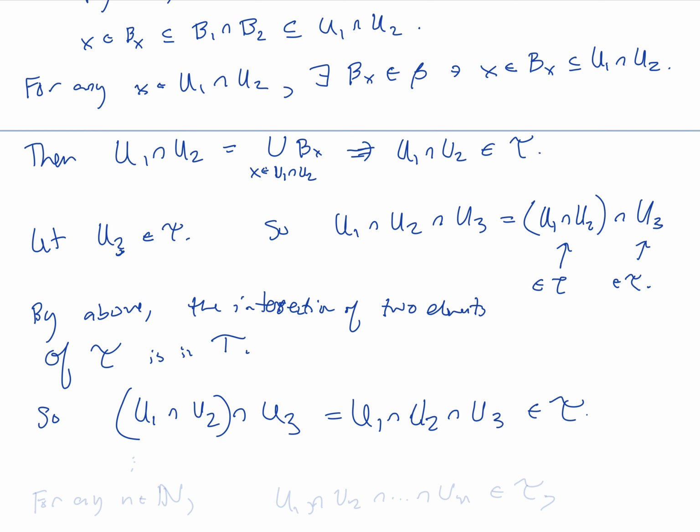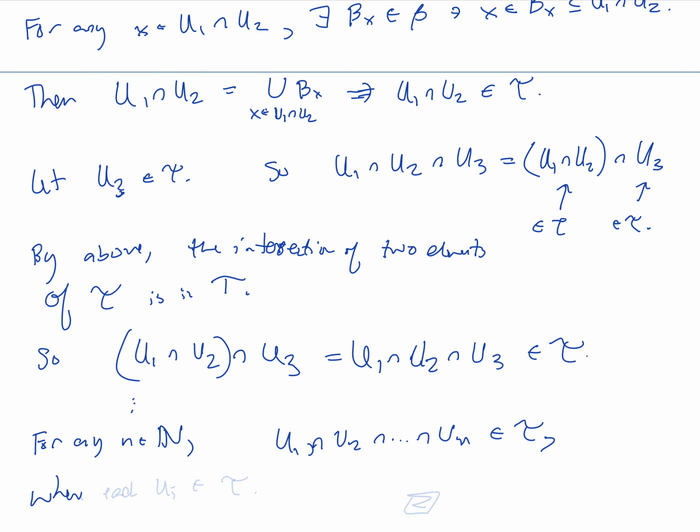And we could continue this for any finite integer n. For any n in the natural numbers, U1 intersected with U2 intersected with UN is an element of tau, where each UI is in tau.